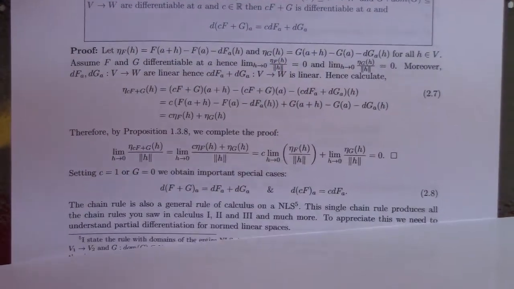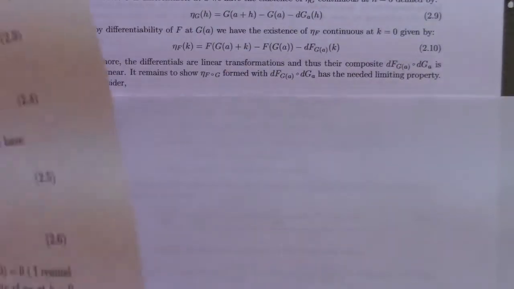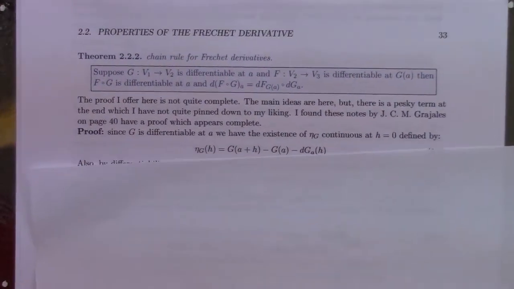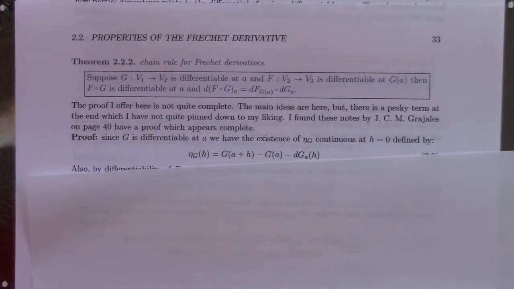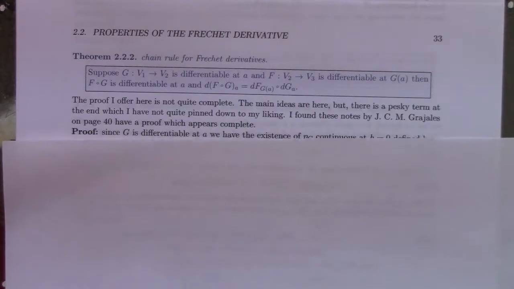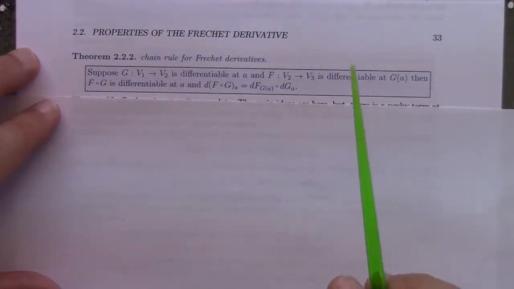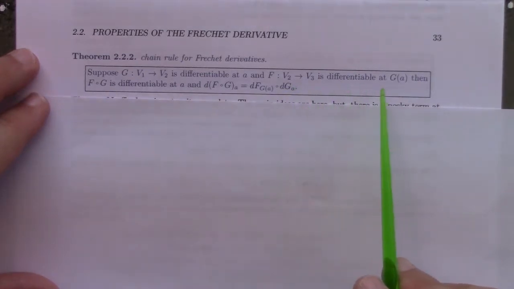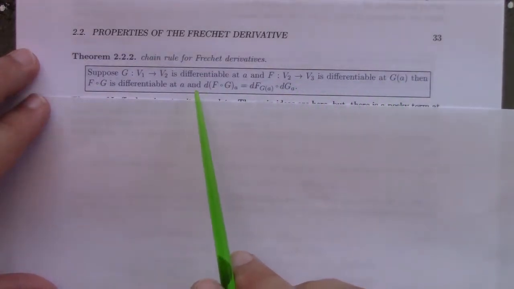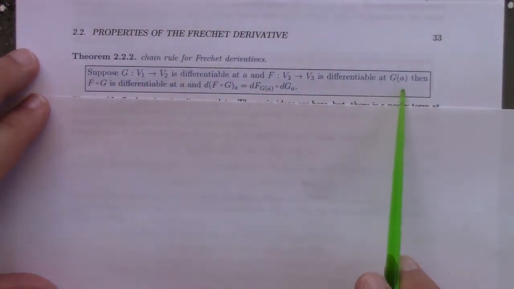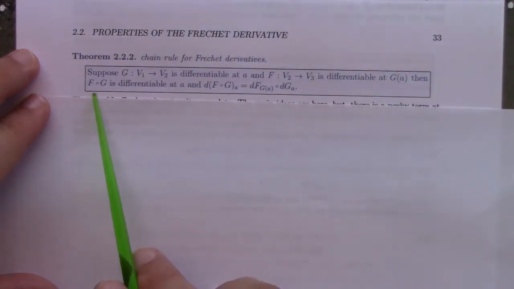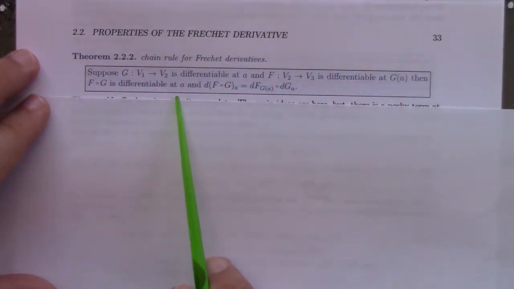So of course this reproduces many different linearity rules we know from before. The next theorem is a little bit deeper, but no less important, which is the chain rule for Fréchet derivatives. If I have g from V1 to V2 and f from V2 to V3, I'm assuming that g is differentiable at a and f is differentiable at g of a, so the composite of f and g is differentiable at a.